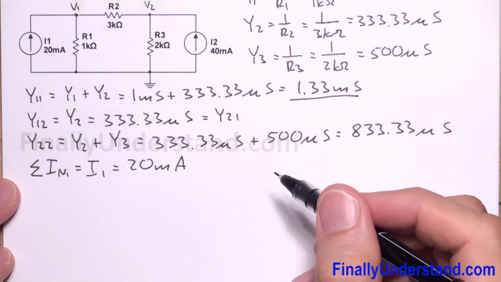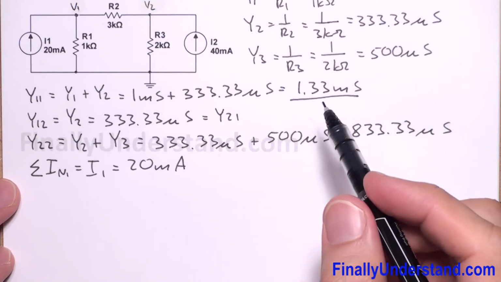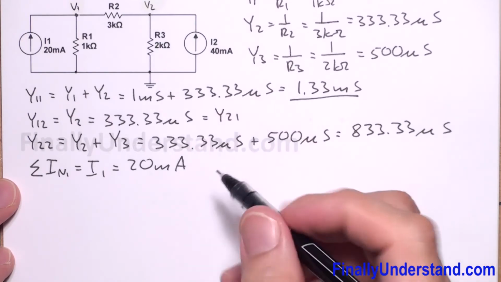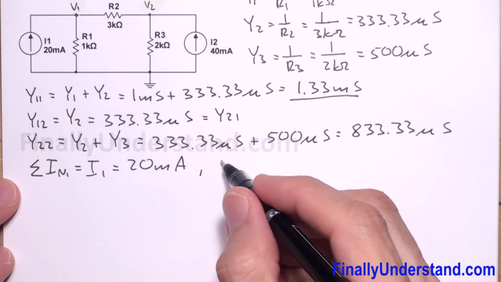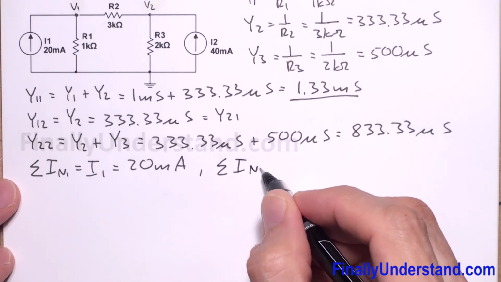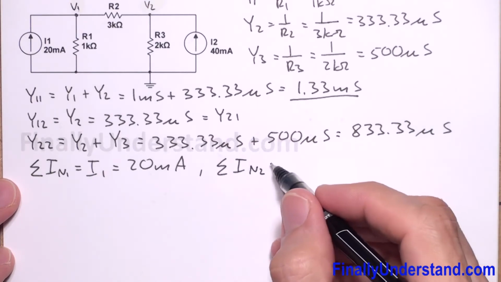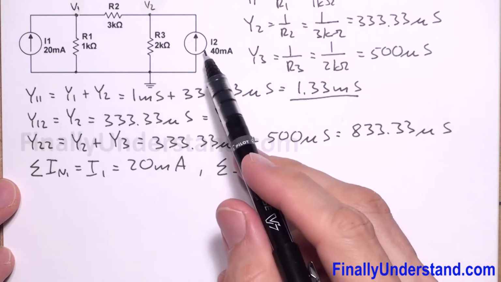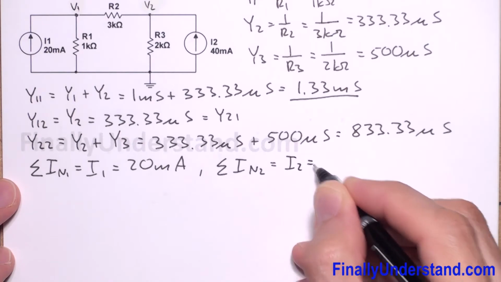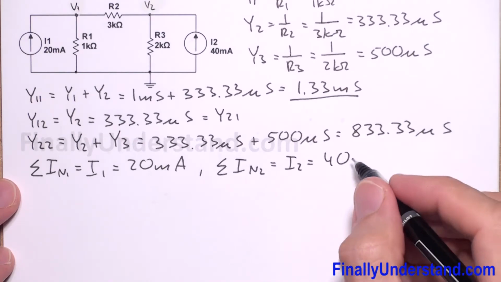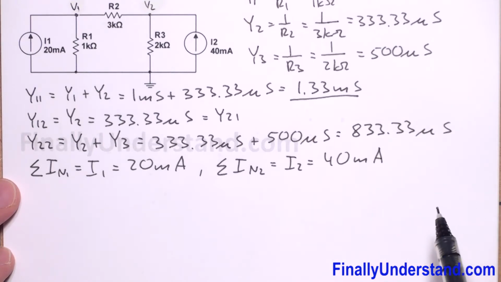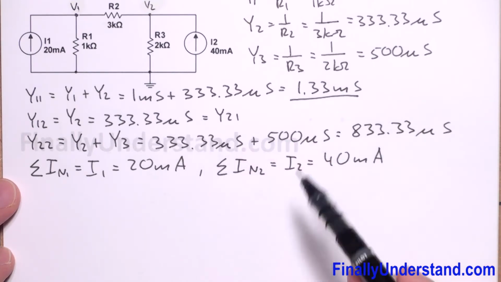Next, I'm supposed to find the sum of the currents going to the node 2. So let me write this down over here. So I have the sum of the currents going to the node 2. And again, we have just one current going to this node, and this is my I2, which is equal to 40 milliamps.